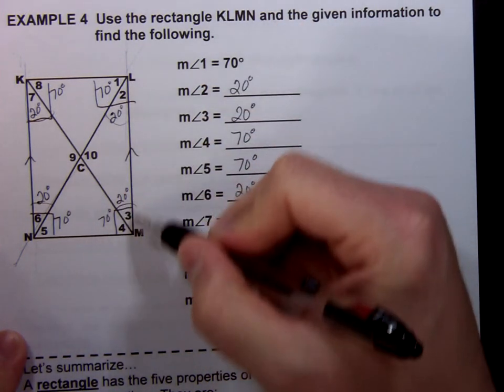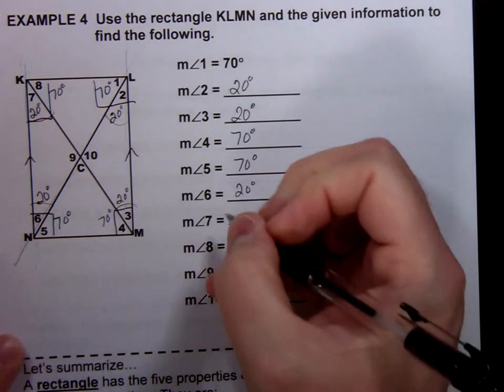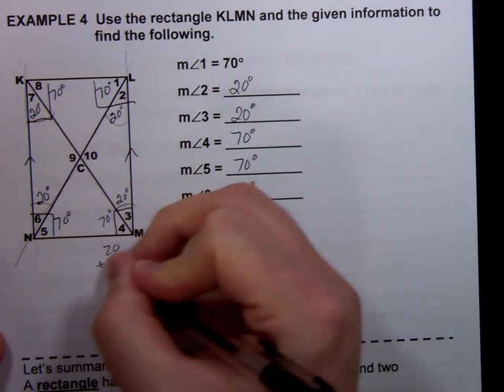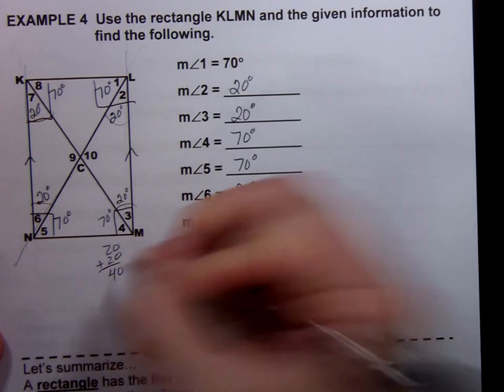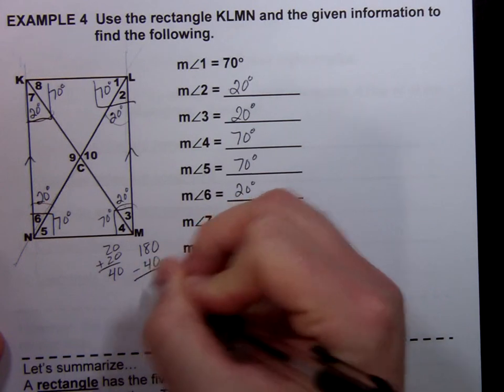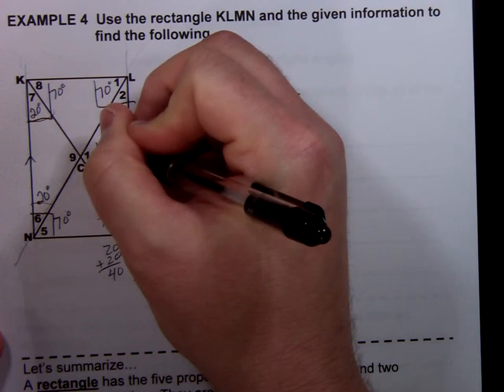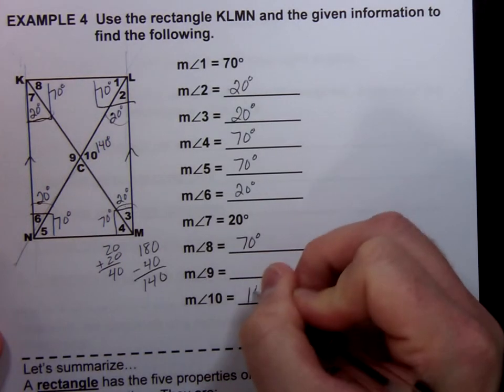Right now I see 20 degrees and 20 degrees. So I should be able to find out what angle 10 is. Well, 20 plus 20 is 40. So if the 3 angles are supposed to add up to 180, there is still 140 degrees left. So I know that angle 10 has to be 140 degrees.